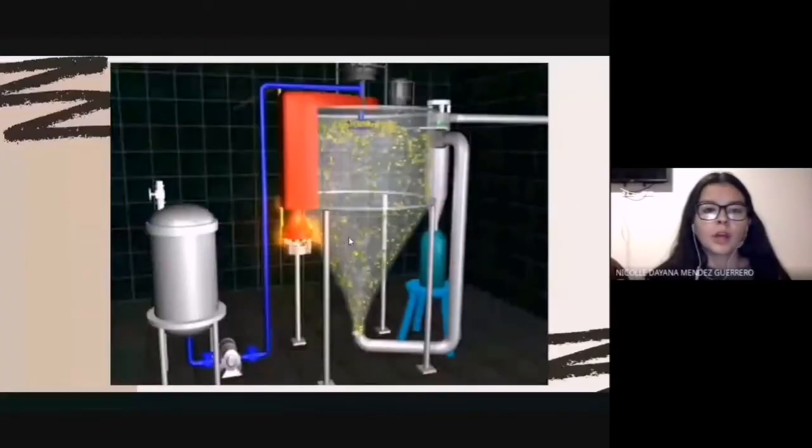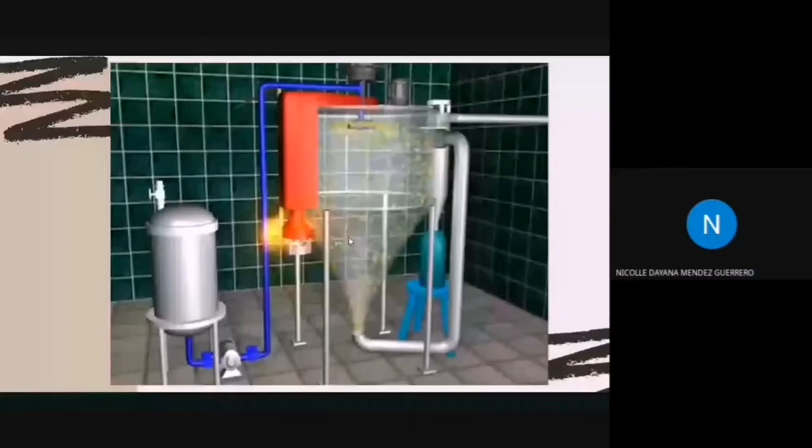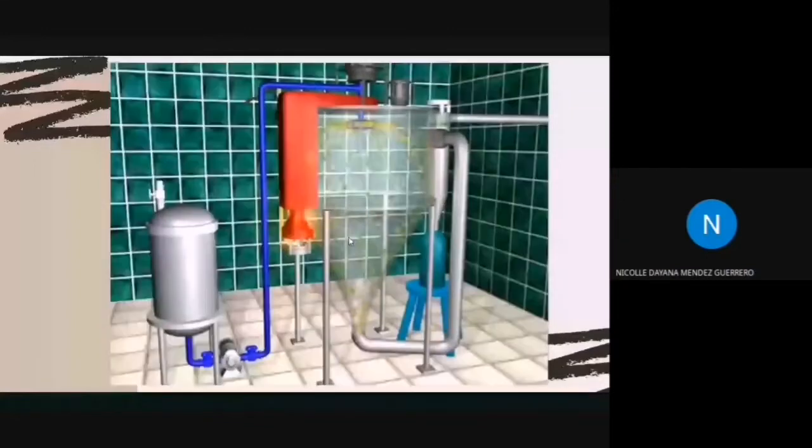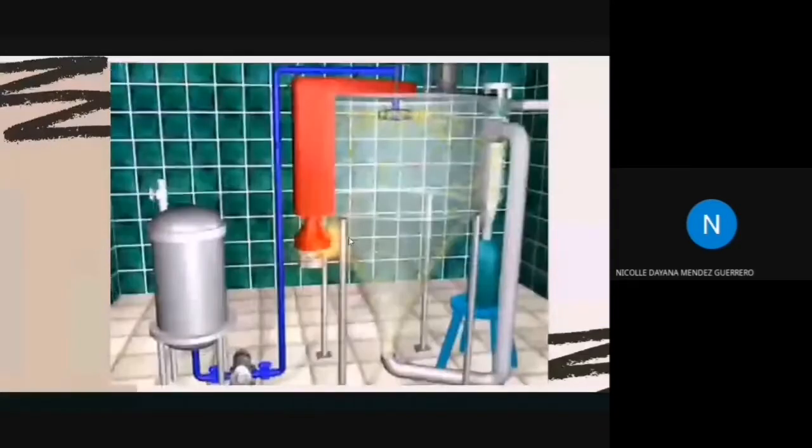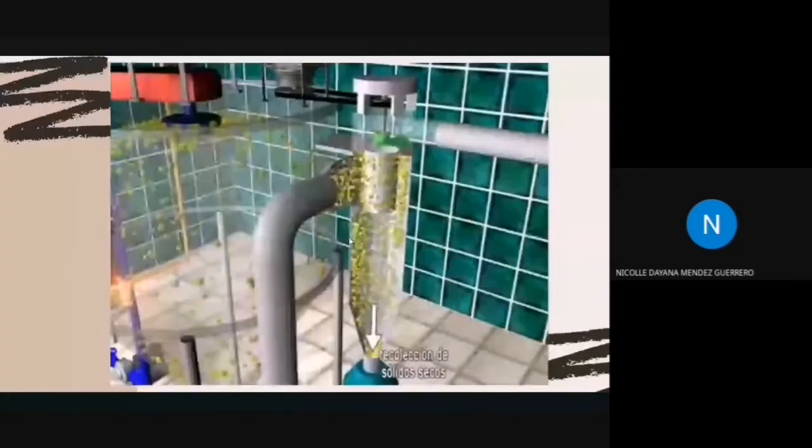Operation: the product is sprayed into a hot gas stream to obtain a shower of dry droplets. The water evaporates from the droplets quickly, and the dry solid is carried away from the gas stream. Both gas and liquid spray in the chamber can be connected in parallel or a combination of both.